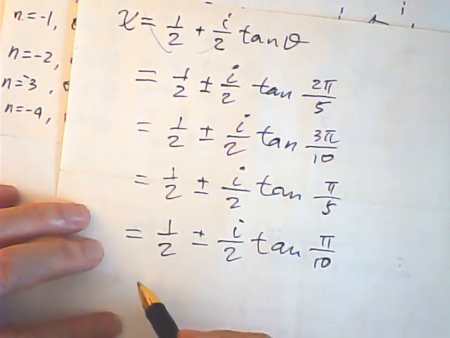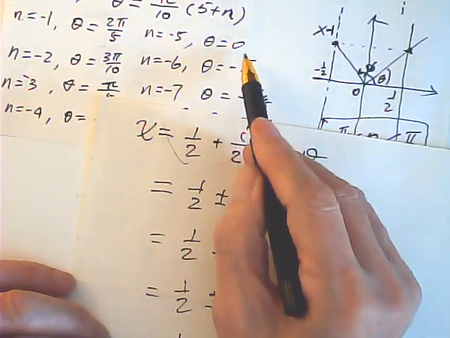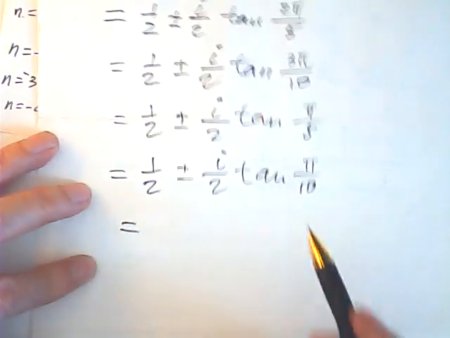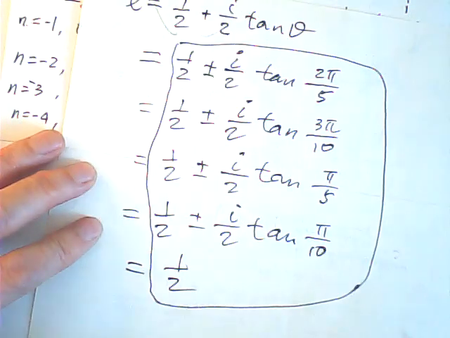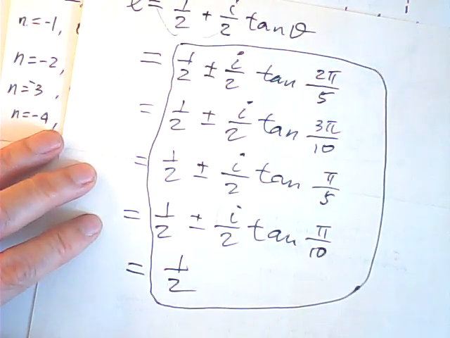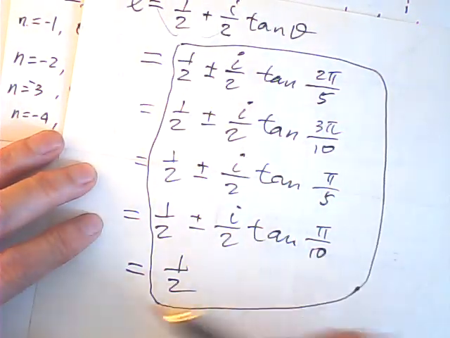And theta equal to 0 is also okay, and 0 gives 1/2. So these are the 9 solutions for our x.